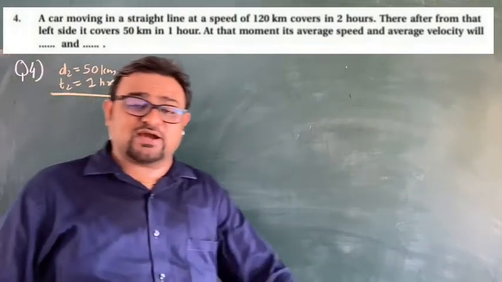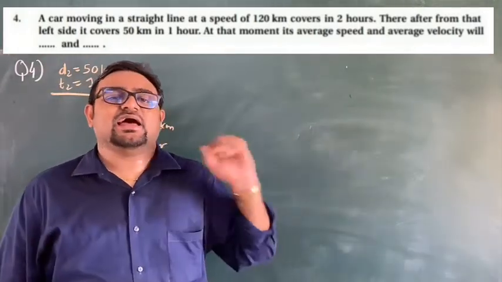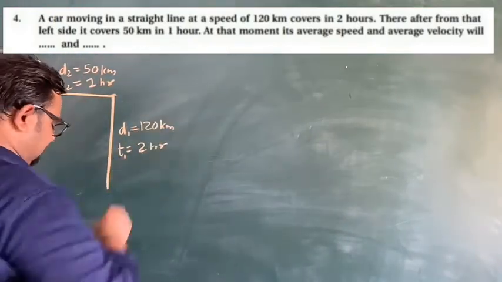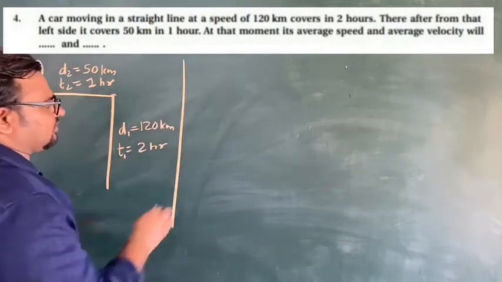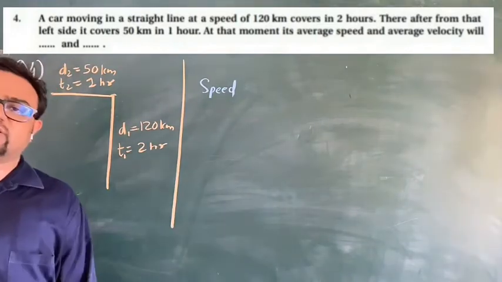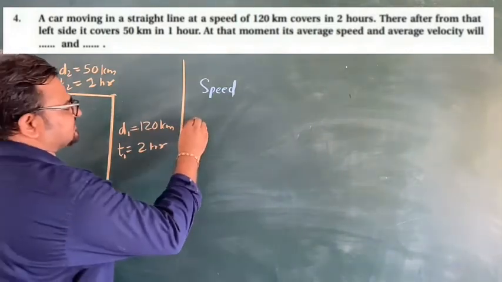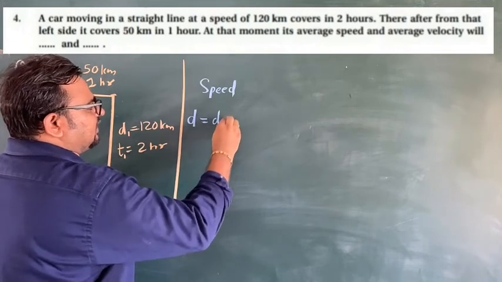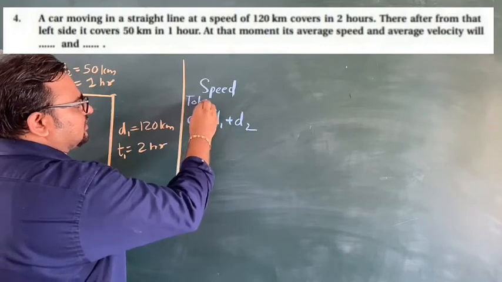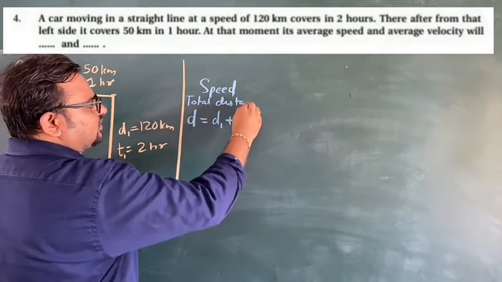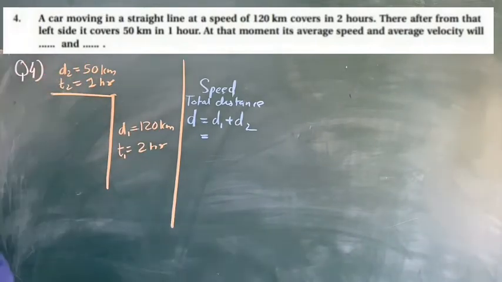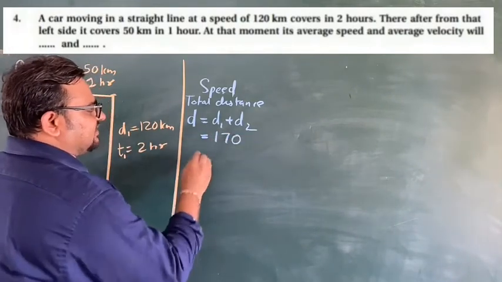Now we have to find the average speed and velocity. First let's find the speed. What is the formula of speed? Total distance upon total time. So what is the total distance? d1 plus d2, that is equal to 120 plus 50, which is 170.